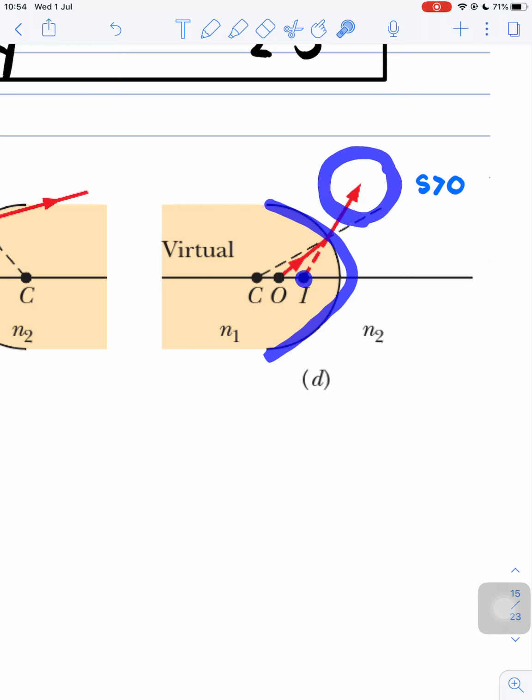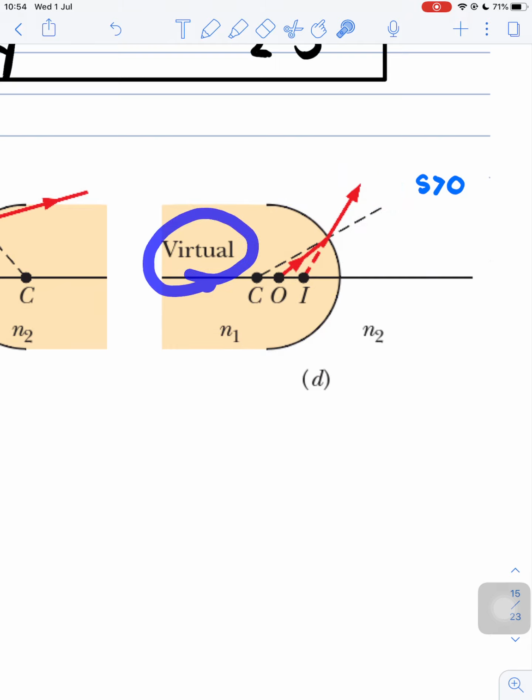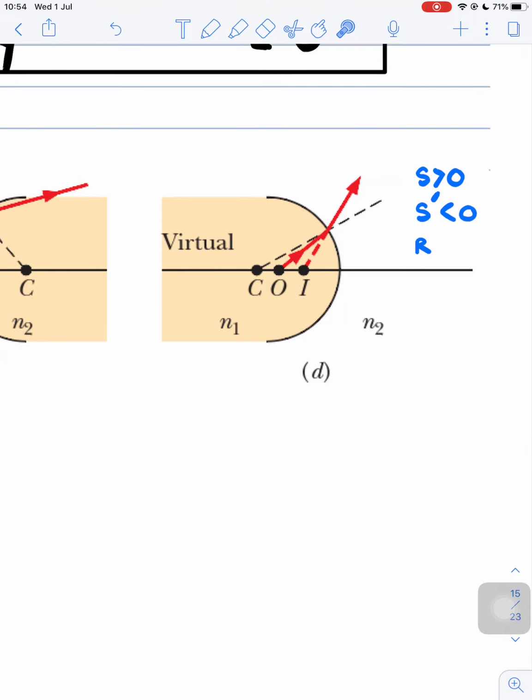It means that this image and this refracted ray are on opposite sides of each other. So this image is going to be the virtual image, and then the S prime is less than 0. Okay, so now finally for the radius of the curvature.